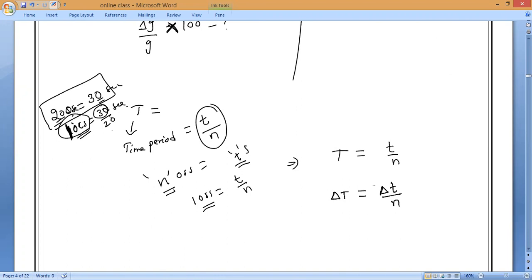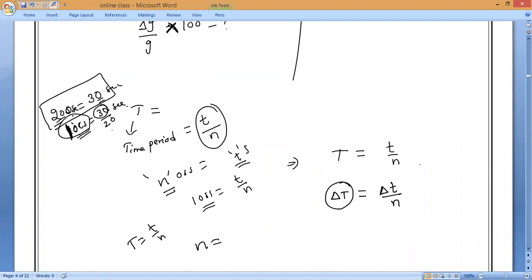Now, can you tell me what n means? N is the number of oscillations. We all know T is equal to t by n. Now, observe very carefully. We want delta T by T. Now we have only delta T. I want delta T by T. I know T is equal to t by n. What do I have to do?